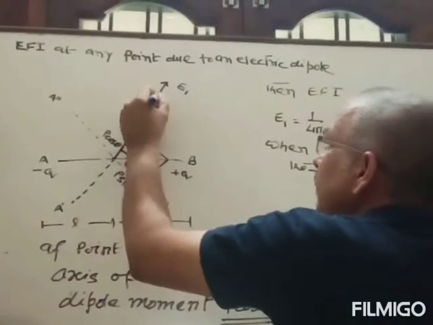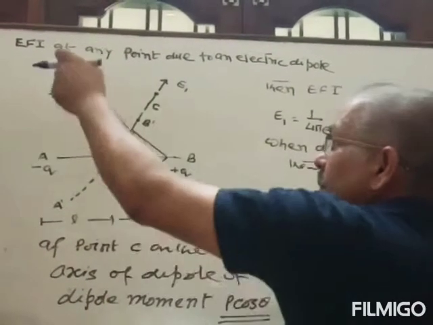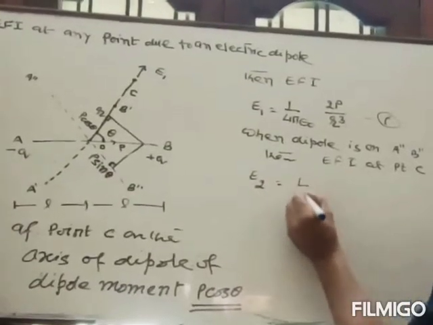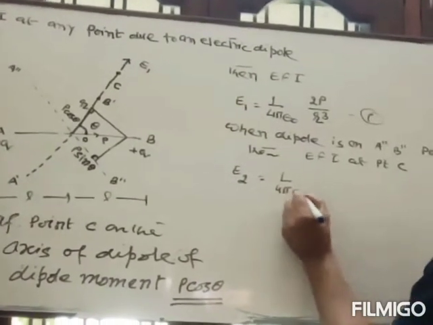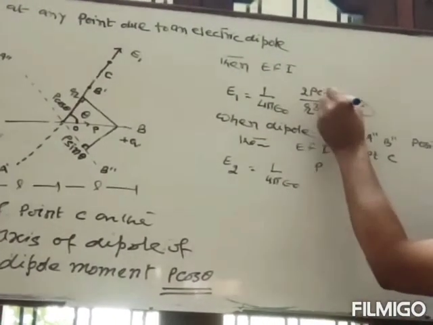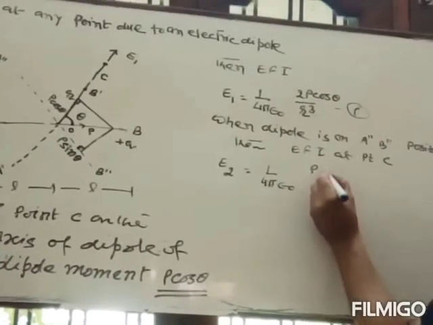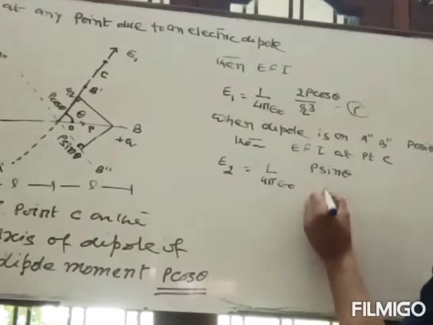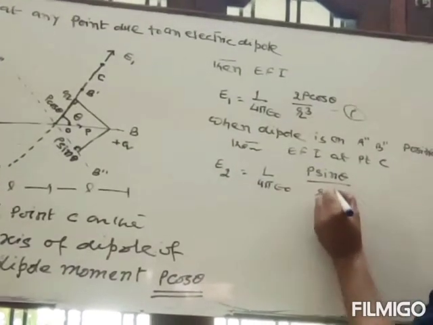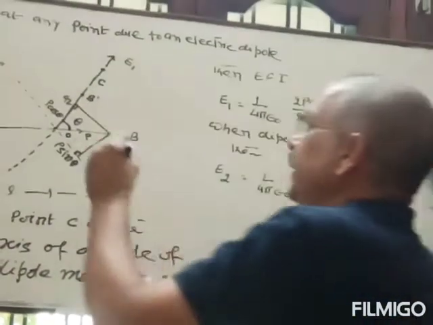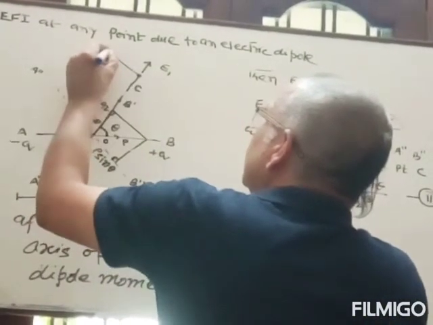This point C comes on the perpendicular bisector of the dipole. So E2 is equal to 1 upon 4 pi epsilon 0, previously it was 2P cos theta, and now it is P sin theta by R cube. This is E2.